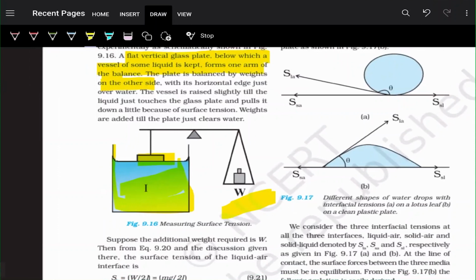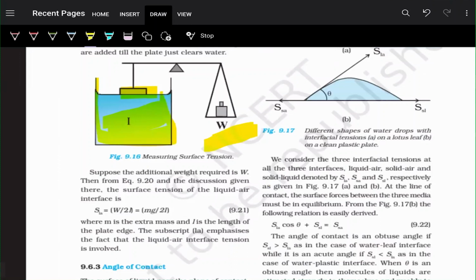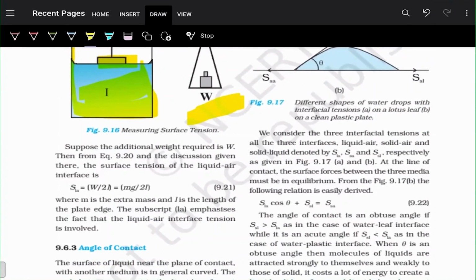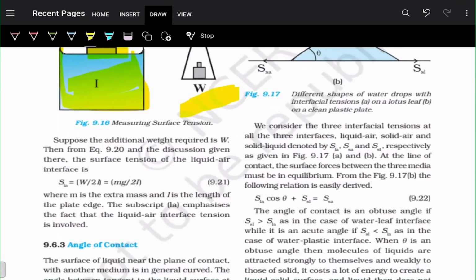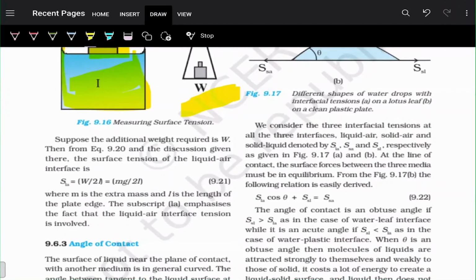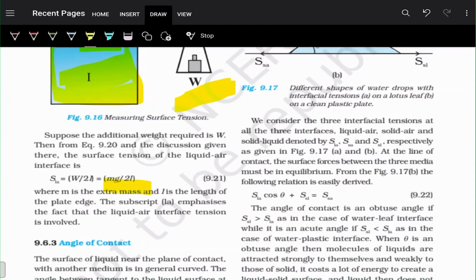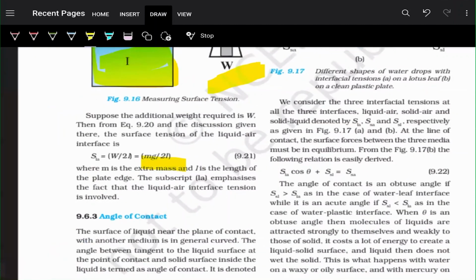Okay, suppose the additional weight required is W. Then from equation 9.20 and the discussion given there, the surface tension of the liquid air interface is, because the weight is what is there, so mg by 2L. Actually force per unit length, so mg by 2L, where m is the extra mass and L is the length of the plate edge.